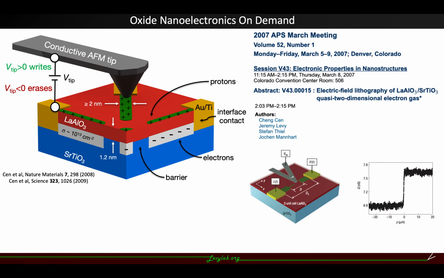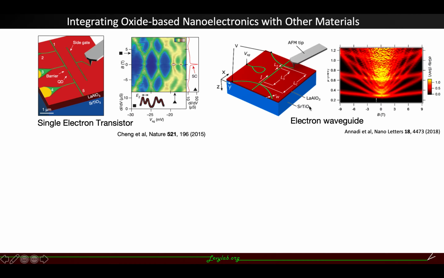Since then, we have already given 130 March meeting talks on this topic, and among all the devices we make, these two are really typical ones. On the left is a single electron transistor, and on the right is an electron waveguide. Both of these devices show strong electron-electron correlation at low temperature.